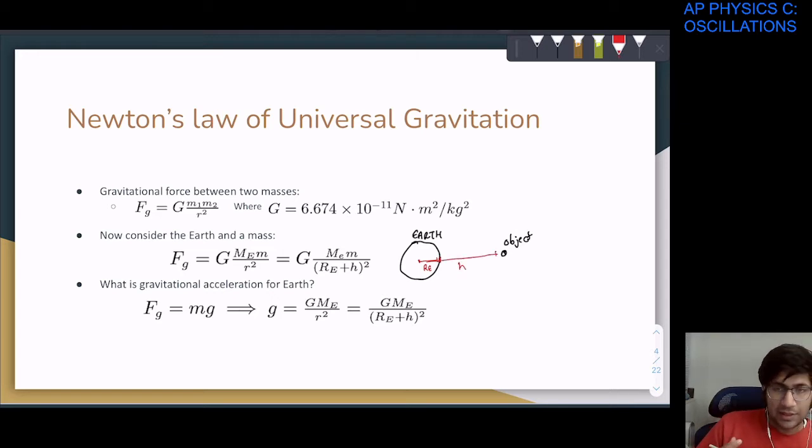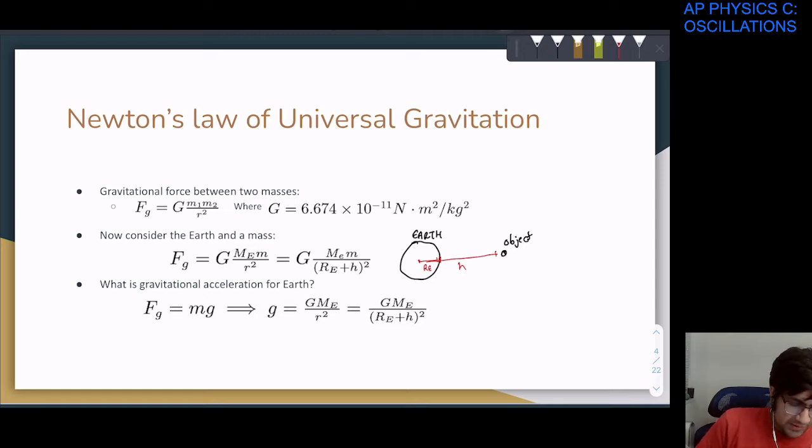So that's how we're going to represent the distance, because we always know what R_E is. It's pretty much constant. We approximate it to be constant, and we look at just some altitude above the Earth, and we call that h. So that's what you'll probably see if you look at some of the AP open-ended problems.